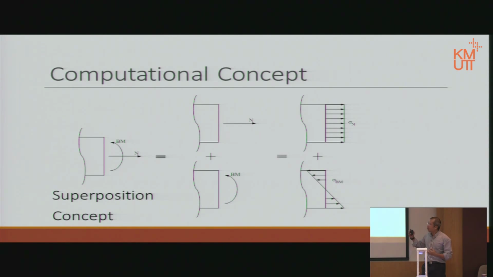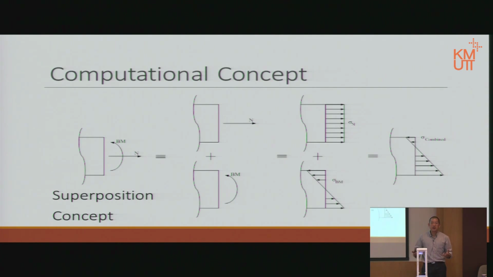As you see, the axial force creates an equally distributed stress, whereas the bending moment, in this case a smiling bending moment, gives compression on the top and tension at the bottom. Because we can calculate these two stresses, we can combine them, and maybe it becomes that kind of picture. Then we can calculate them all.